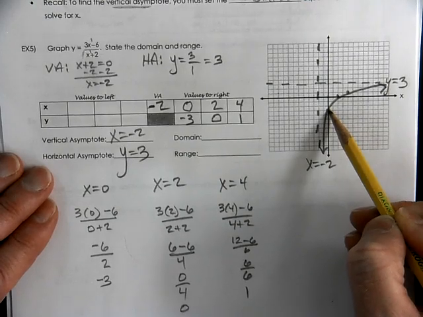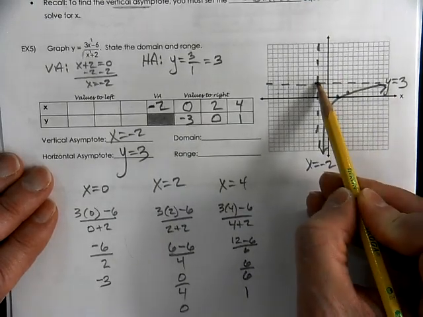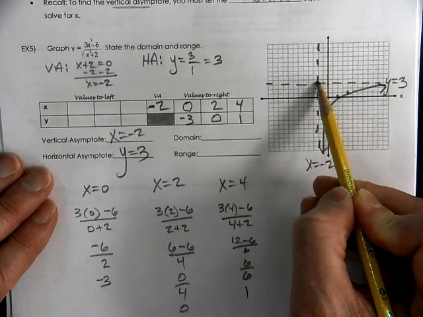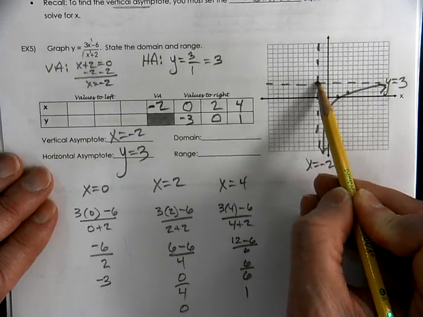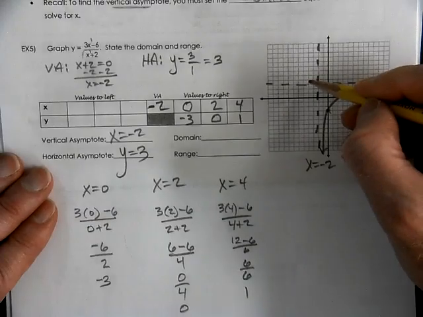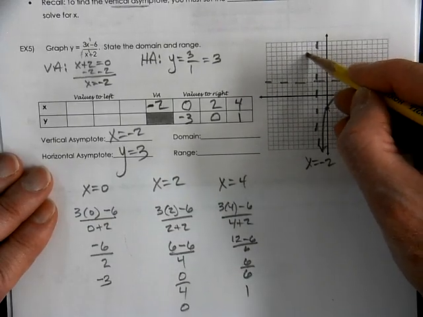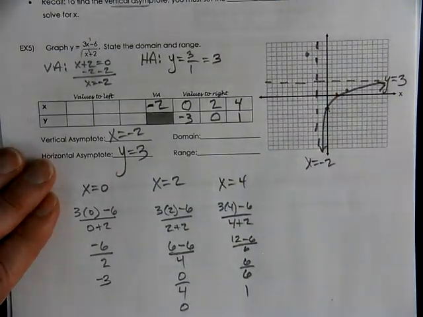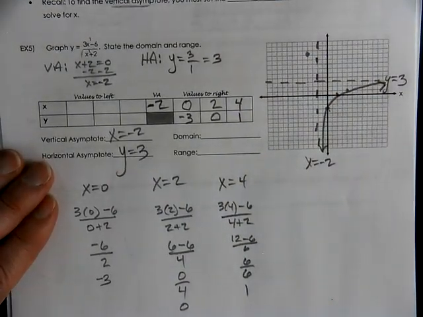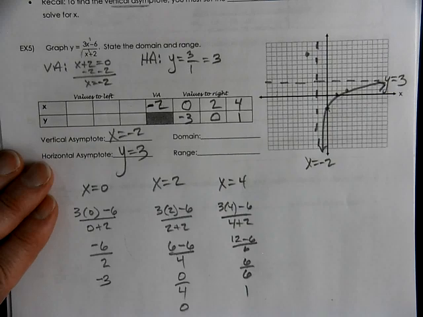To the right, down 6. So where am I going to go from this intersection point? To the left and up 6. 1, 2, 3, 4, 5, 6. I think that's a lot easier than having to recalculate new points. That should be your friend.